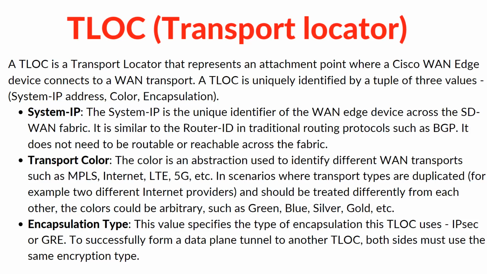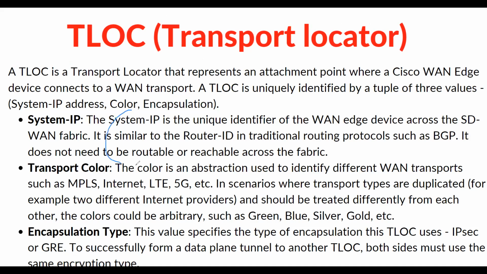With the system IP concept, which is an amazing thing, which we have also seen if you've done IPsec tunnels using loopback addresses, right? Why did we use IPsec tunnels over loopback? Let me draw it here. Let's say you have two devices and two WAN interfaces on both sides. You would like to have an IPsec tunnel using loopback addresses so that when a physical interface goes down, your tunnel does not break down.